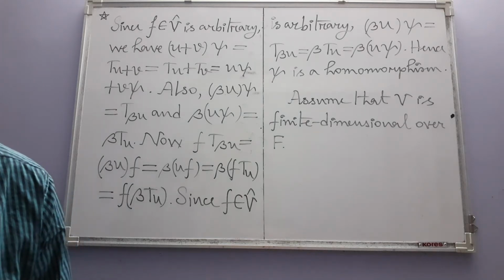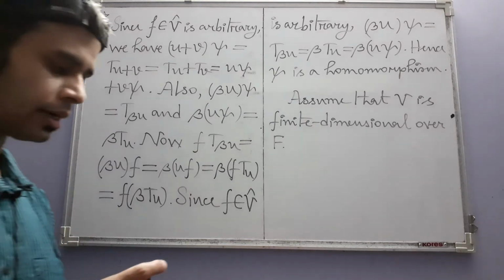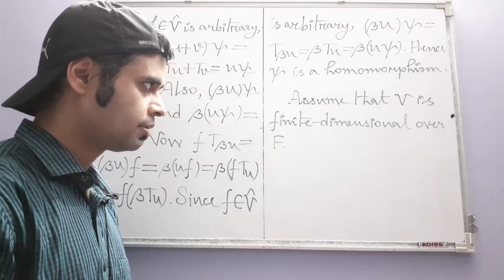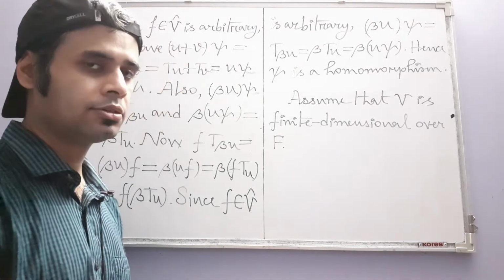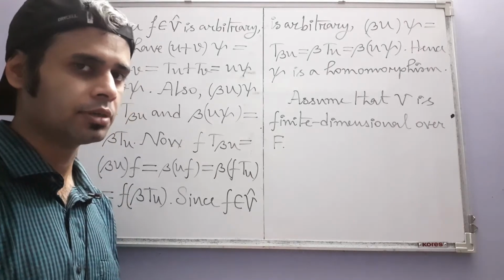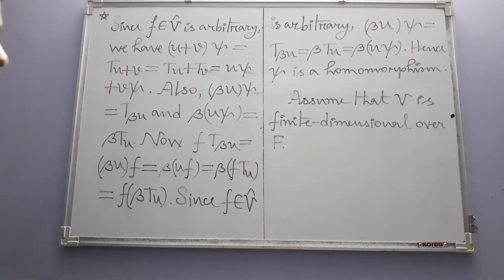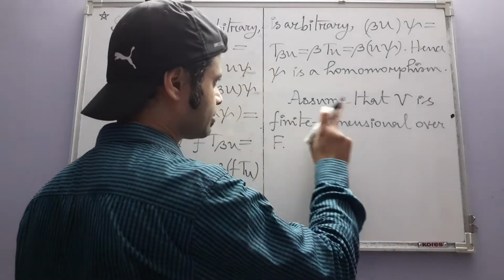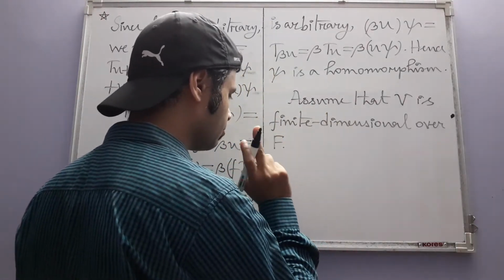This part I have to be careful, because although we are assuming finite dimensionality, actually we don't really need it to show that psi is 1 to 1. We will make things clear. Okay, let's just first see where things are going. Assume that V is finite dimensional over F.